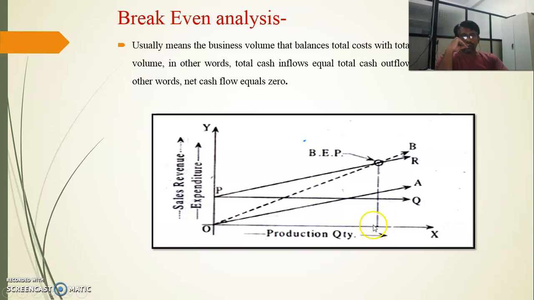If we sell this much quantity into the market, the company will definitely be at no loss, no profit. Thereafter, whatever selling happens will generate revenue in the form of profit to the organization. So after the break-even point, we get the profit for the organization. This is called break-even analysis.